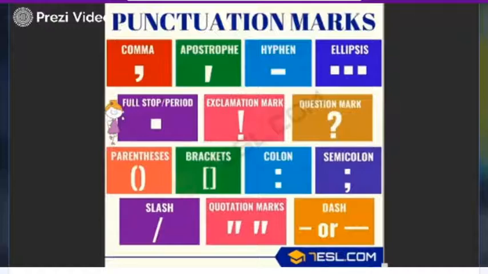The first punctuation mark that you can see in the image is the comma, the apostrophe, the hyphen, the ellipsis, the period or full stop, the exclamation mark or exclamation point, the question mark, the parentheses, the brackets, the colon, the semicolon, the slash, the quotation marks, and the dash.